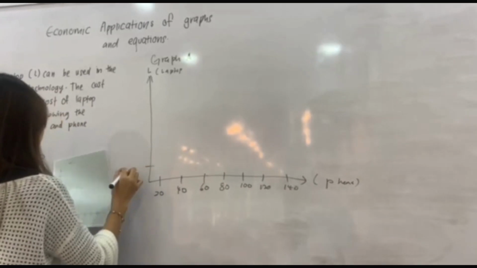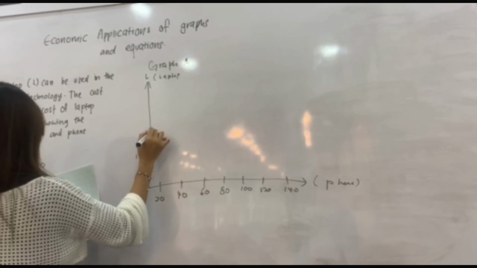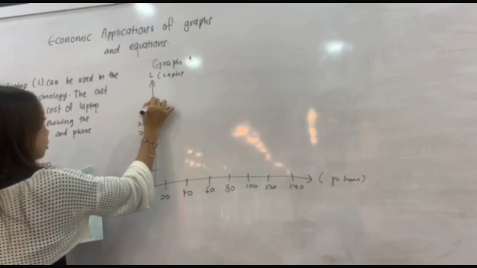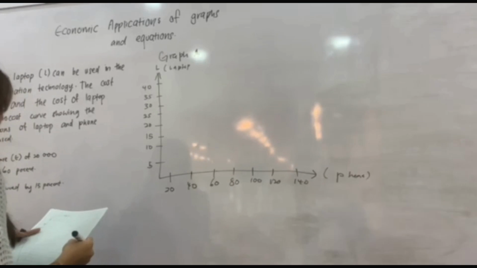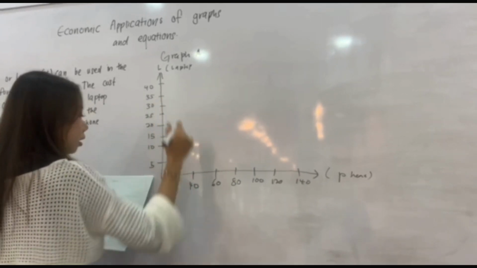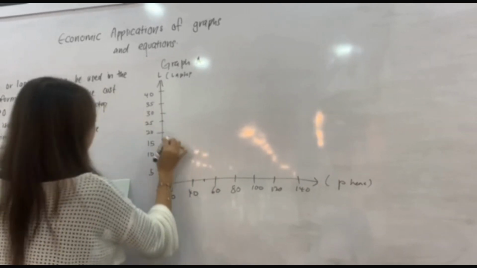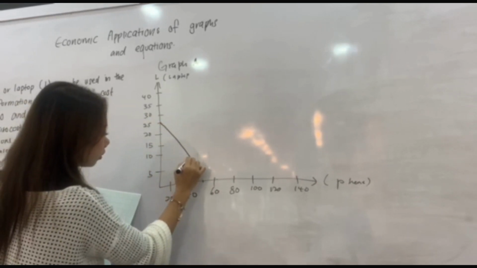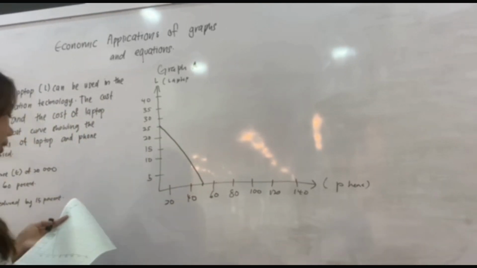On the top, we use 5, 10, 15, 20, 25, 30, 35, 40. So we need to draw the line to 40. Its answer is 50, 25. So we need to draw the line to 50. Okay, so that's for graph A.